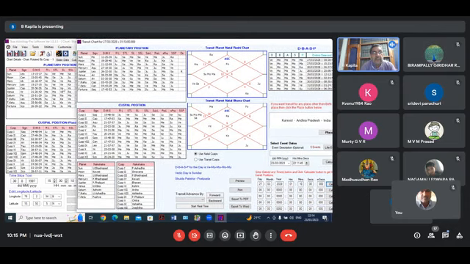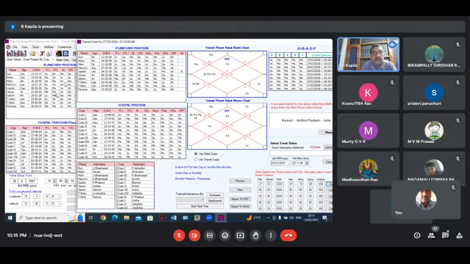What does it mean? Now, if you look at moon, either the moon star lord should be moon itself. Moon is present in the star of Jupiter. Venus is present in the star of moon. Jupiter is present in the star of moon.